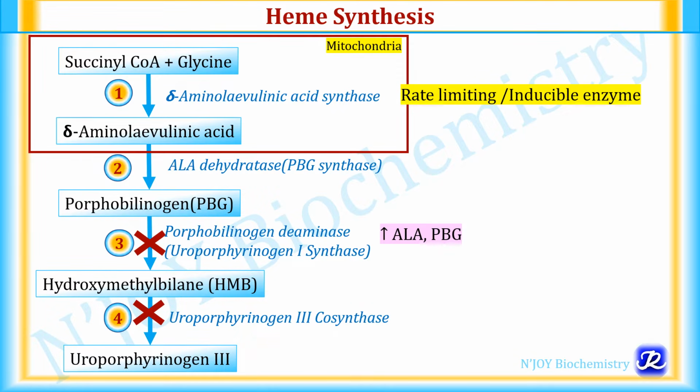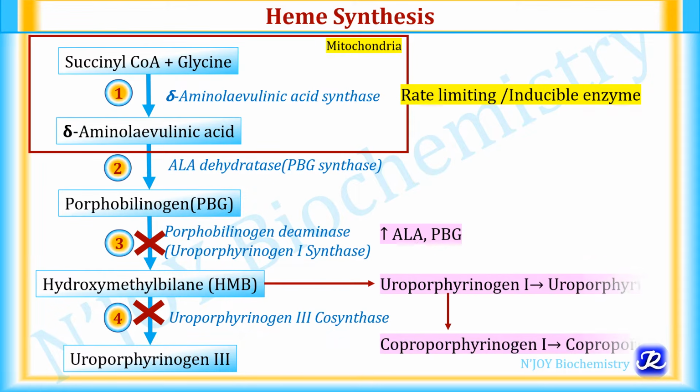And if the defect is in the uroporphyrinogen 3 co-synthase, there is no formation of uroporphyrinogen 3 and spontaneously this hydroxymethylbilane is converted to uroporphyrinogen 1, which is later oxidized to uroporphyrin 1, and again this uroporphyrinogen 1 is converted to coproporphyrinogen 1 and it is oxidized to coproporphyrin 1.